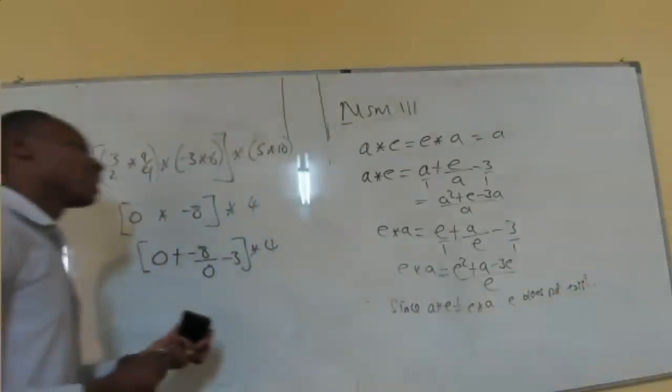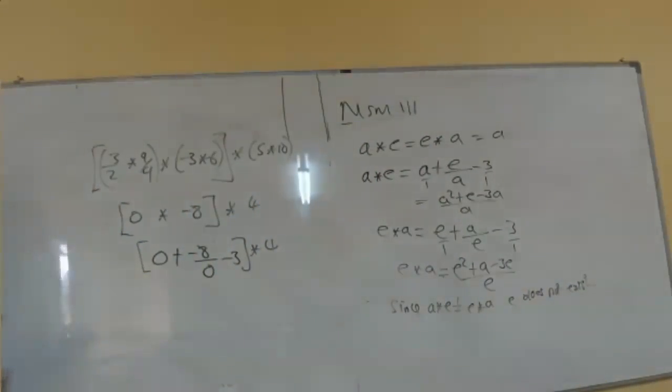If E does not exist, it implies that the inverse also does not exist. So that's how you answer that question.